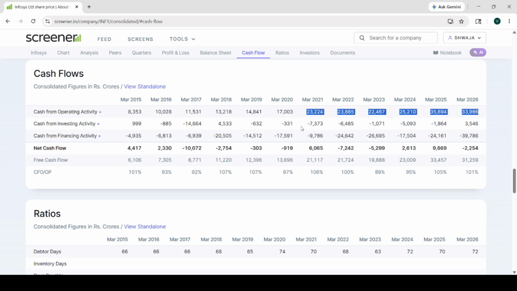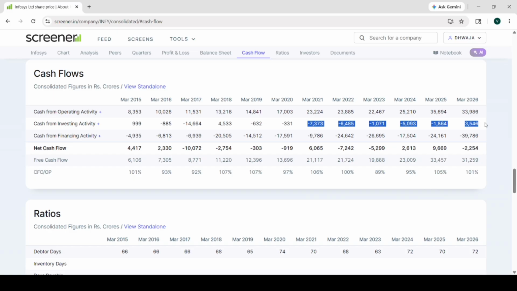Then in the next step, check the investing activity, meaning capex: they are spending money on expanding their business, acquiring some business, or expanding their agencies, everything. The investing activity is related to all those things. If it is negative, no problem, it is the correct thing.